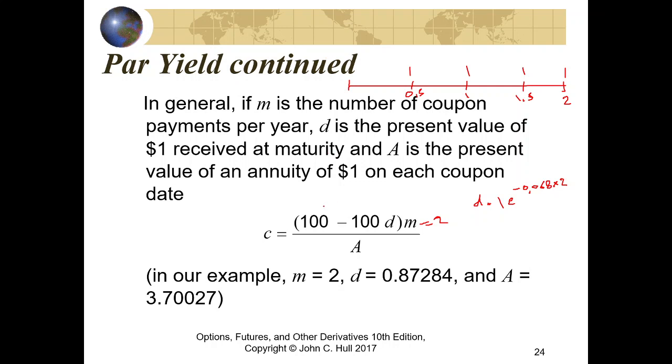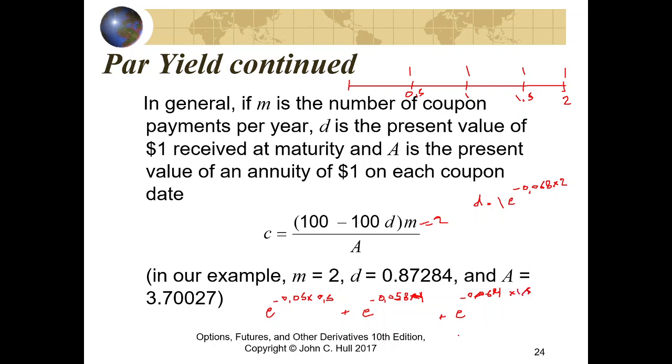We will do e to the power of minus 0.05 times 0.5, plus e to the power of minus 0.058 times 1, plus e to the power of minus 0.064 times 1.5.